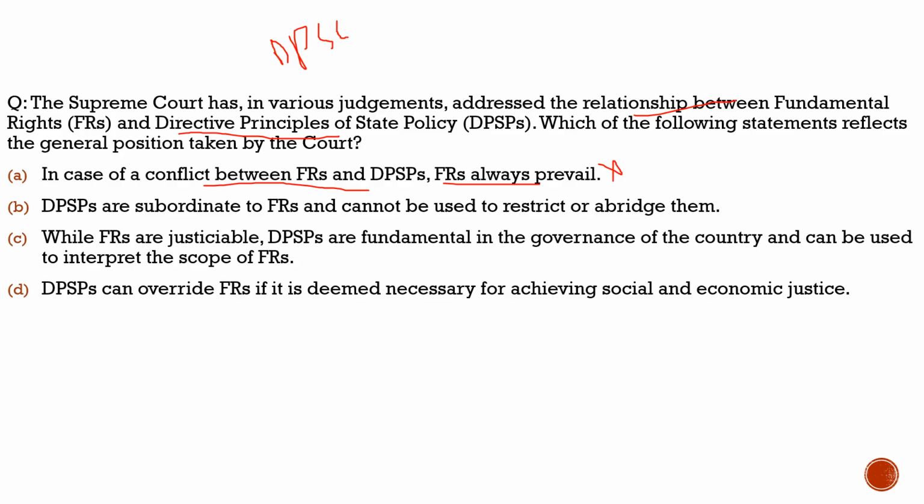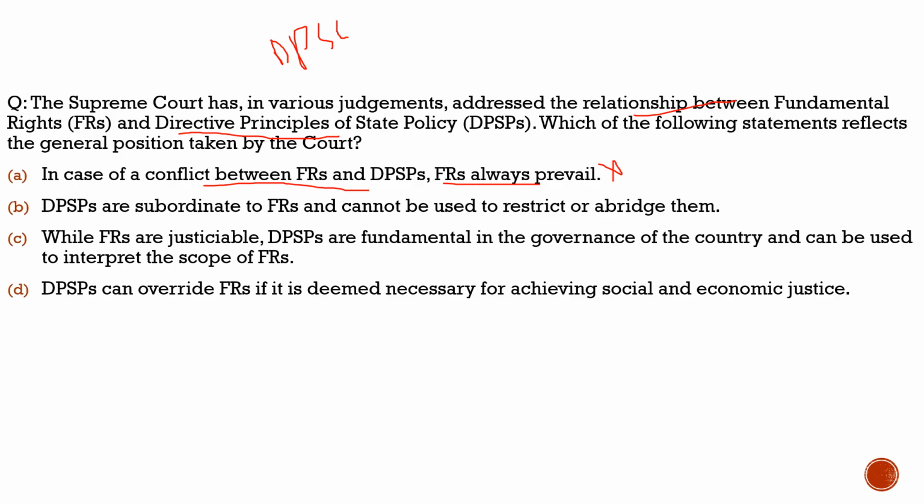Even though if any fundamental right is not given to you, you can go to the courts, and if a DPSP is not given to you, you can't go to the courts, still, for framing policies, sometimes DPSPs prevail over fundamental rights, but not always. So the first statement is incorrect.